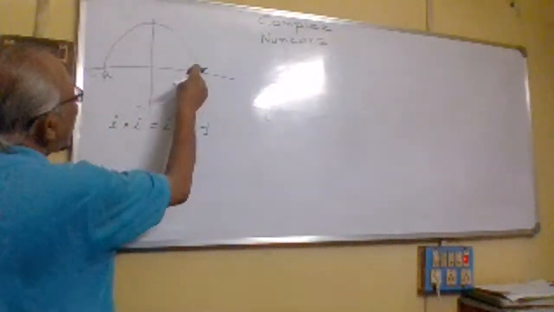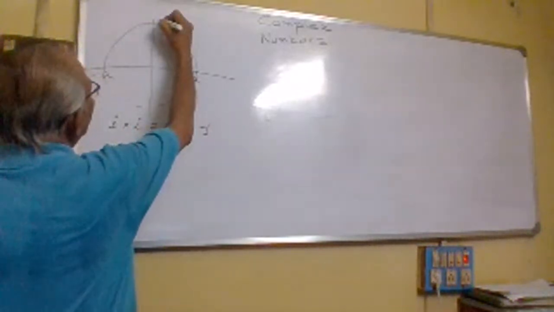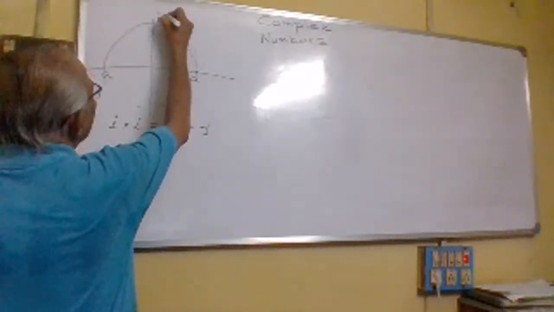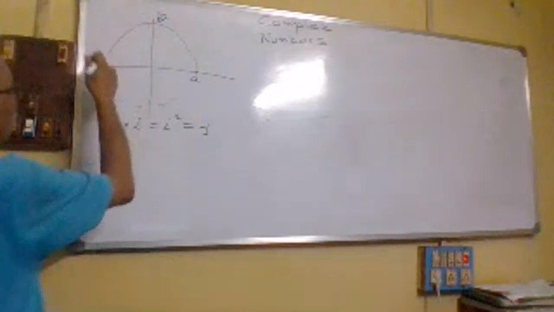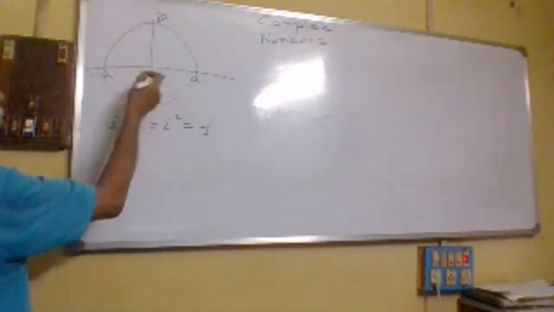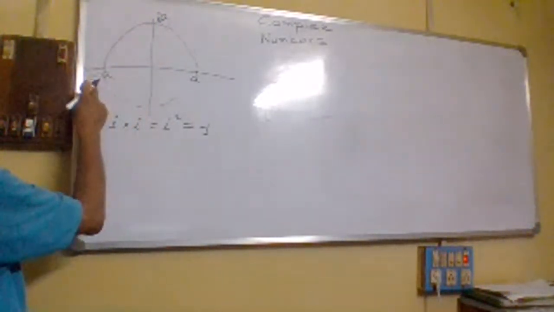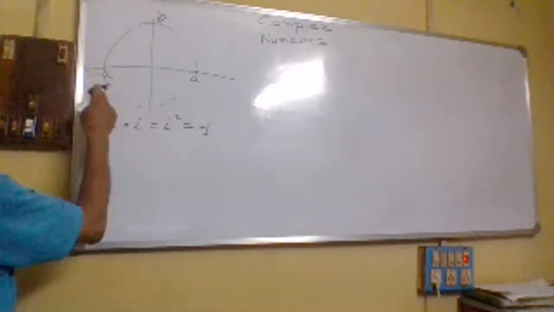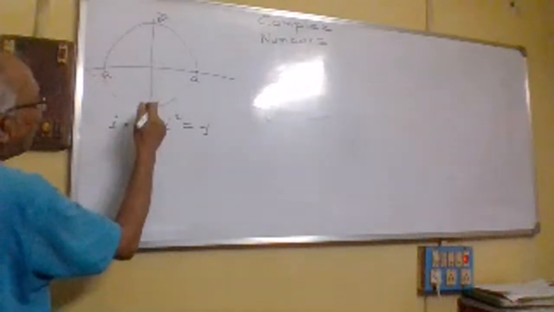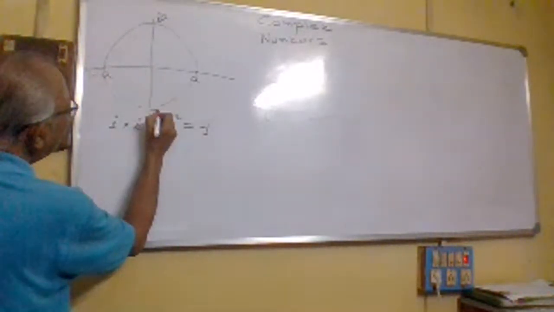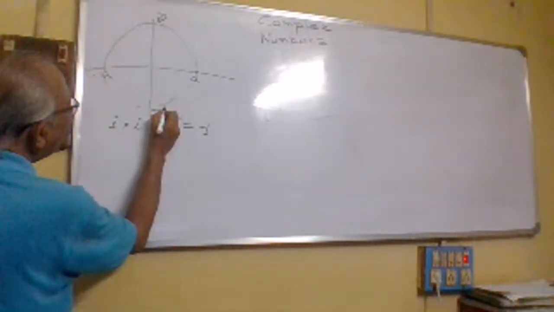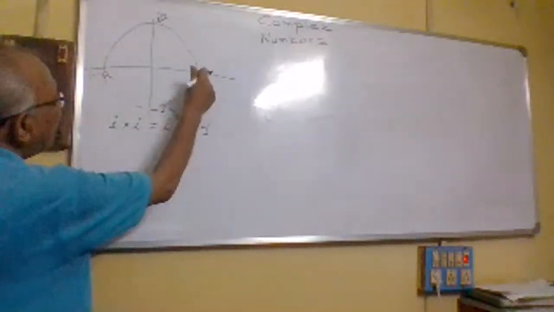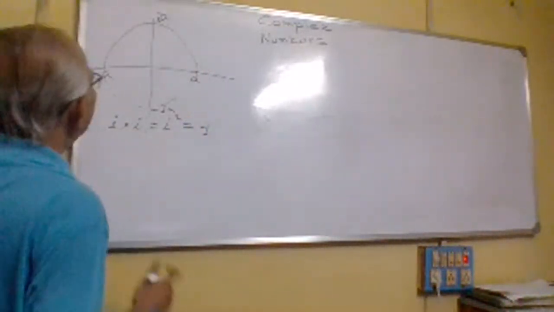So if we are rotating it through 90 degrees, it will become iA. If we are rotating it a further 90 degrees, it becomes i into iA, that is minus A. Again, if we are rotating a further 90 degrees, it will become minus iA. And a further 90 degrees will again make it A.